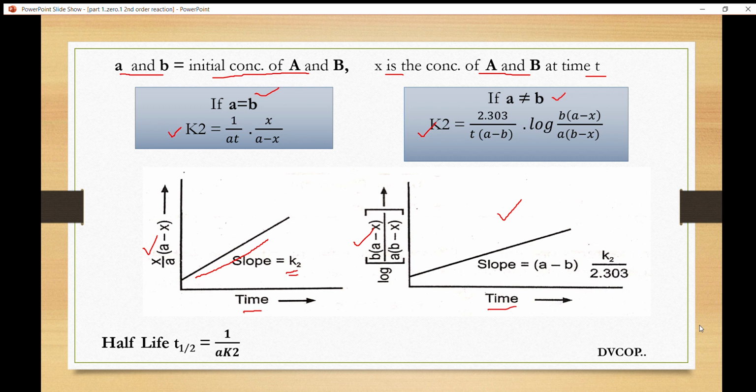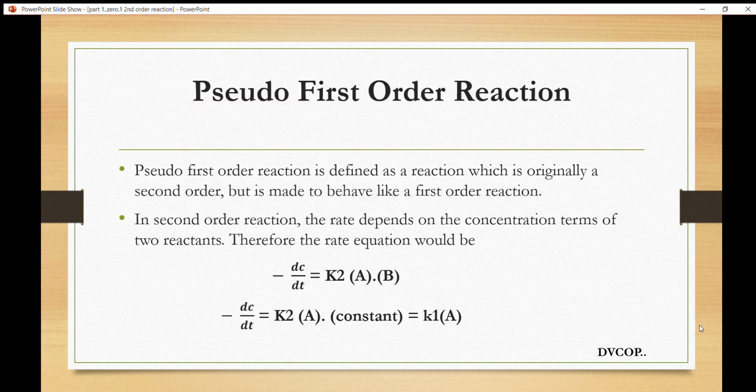By using this slope value we can easily calculate the value of K2. For second order reaction, the half-life is given by 1 upon a K2.